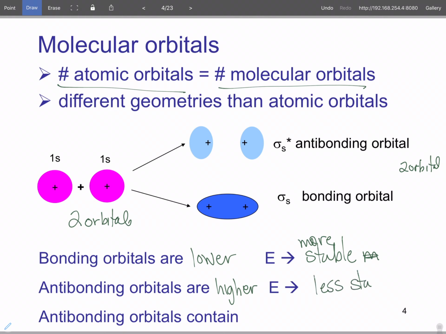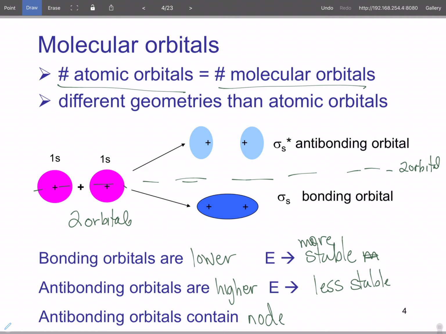And when we talk about being higher energy or lower energy, basically the atomic orbitals would come out in between. So when you combine them, you actually drop below, and when you're anti, you're above. And the antibonding orbitals contain a node. Okay, remember a node is a zero probability of finding an electron.